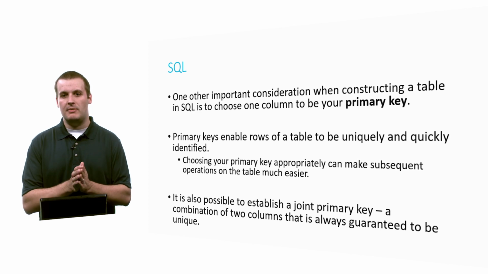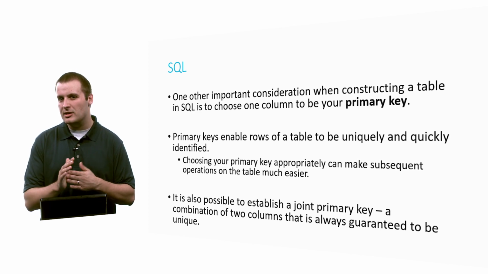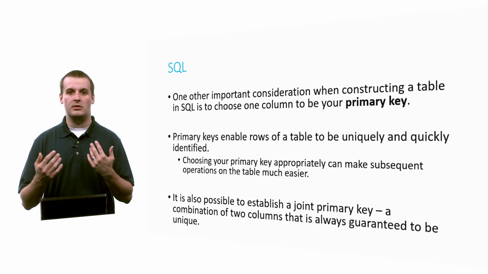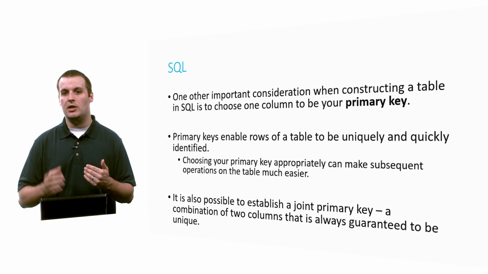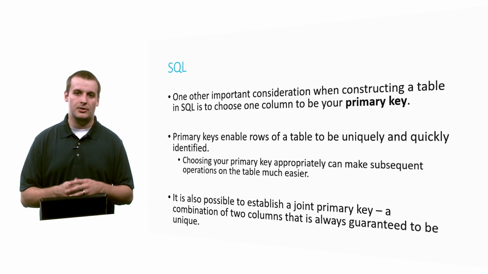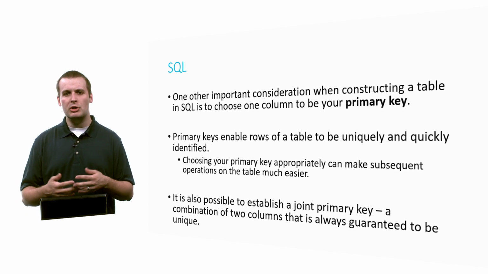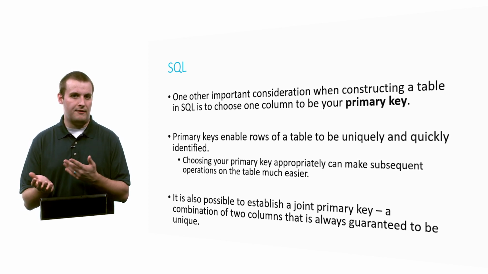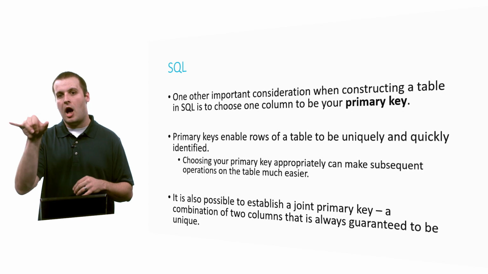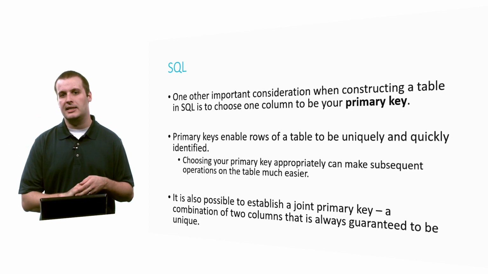Choosing primary keys can actually make subsequent table operations a lot easier because you can leverage the fact that certain rows will be unique, or a certain column of your database or your table will be unique, to pick out particular rows. You can also have a joint primary key, which you may find occasion to use, which is just a combination of two columns that is guaranteed to be unique.